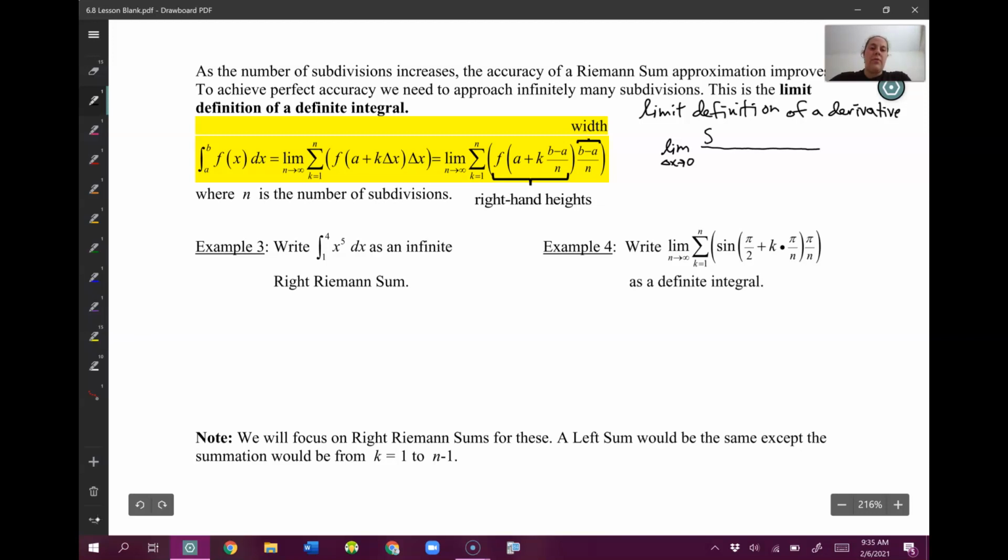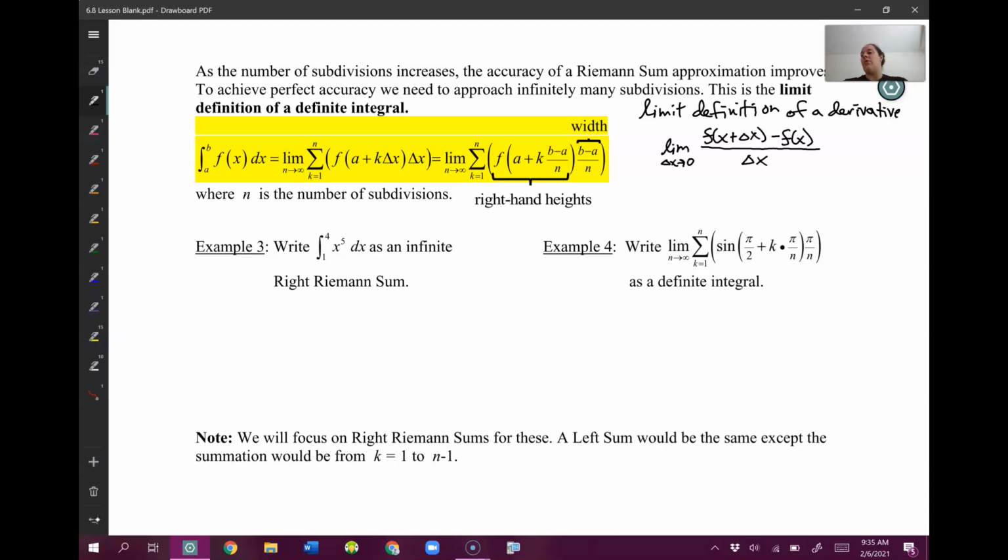And then up here we had that one. Oops, I don't know why I put an H there. Yes. So that was our limit definition of a derivative.